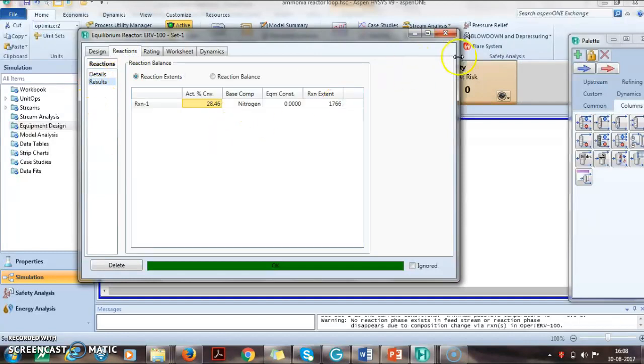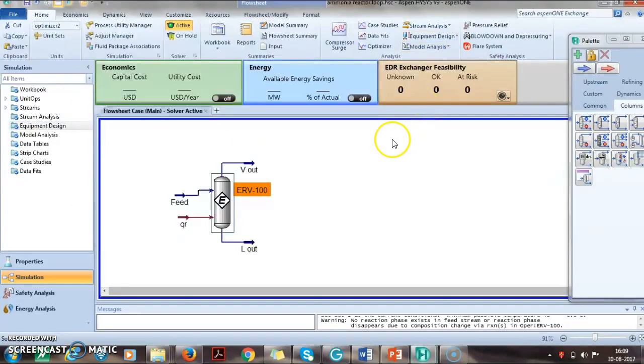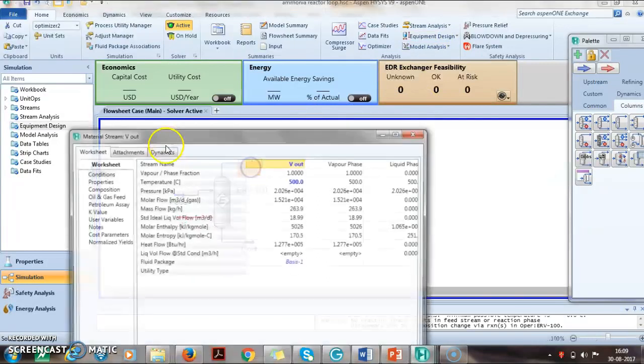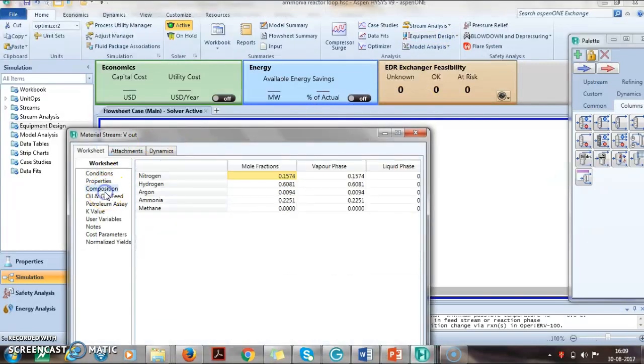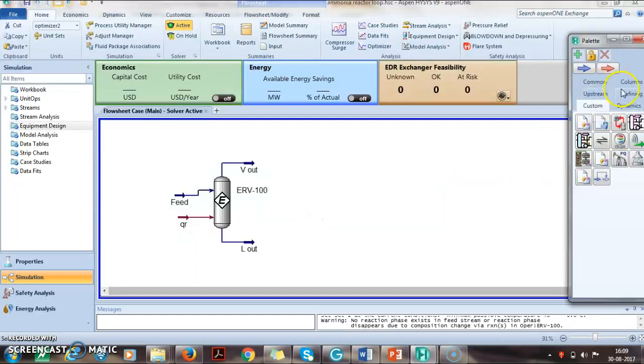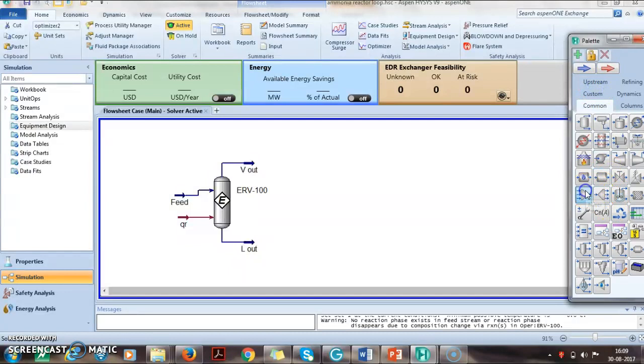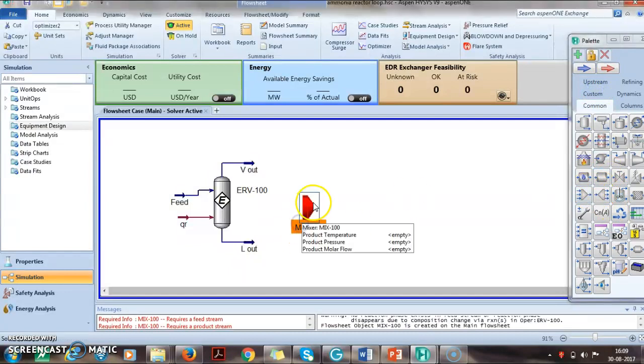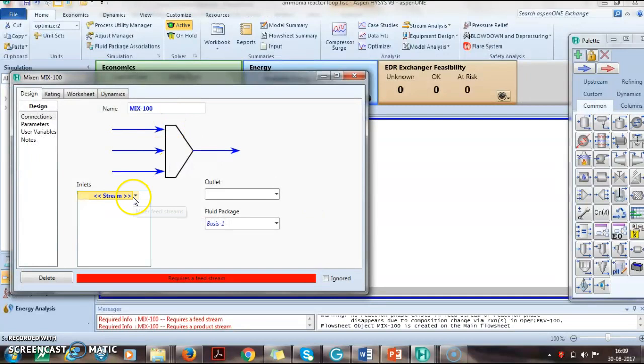Okay, so we can see that the outlet product contains some amount of ammonia, and this ammonia needs to be separated. So first, as per the data, we mix both vapor and liquid.